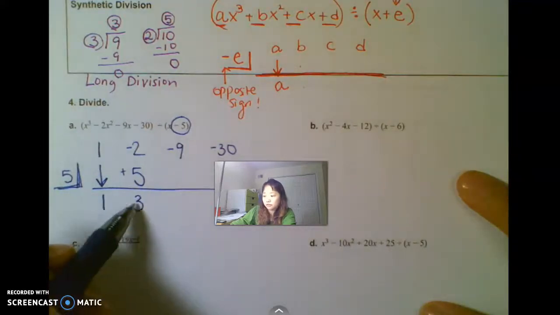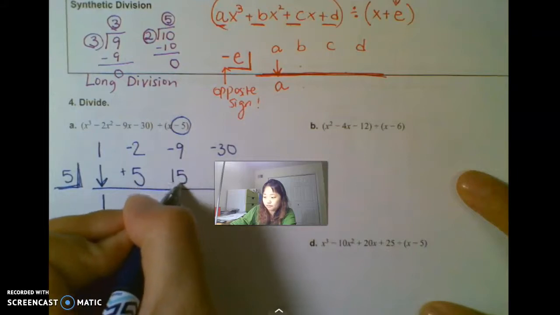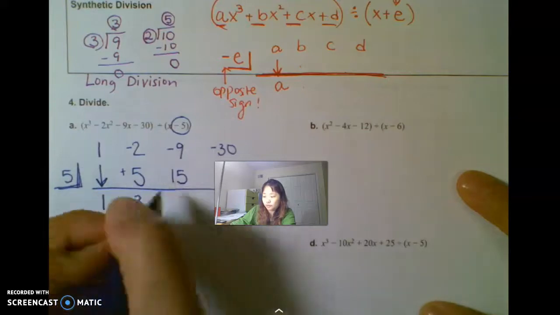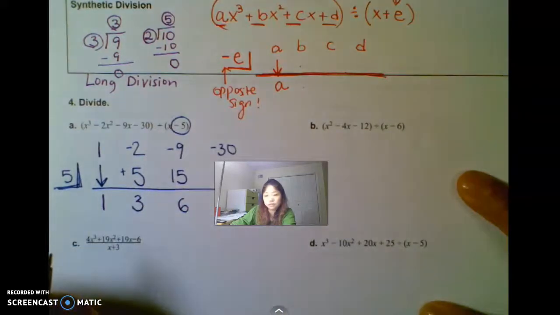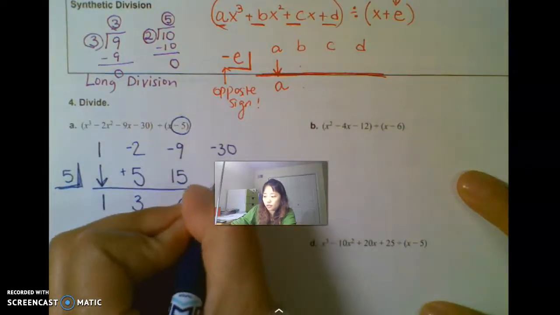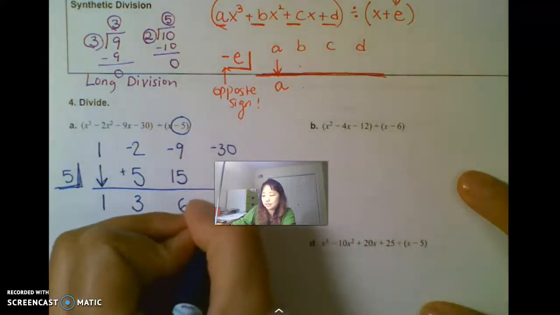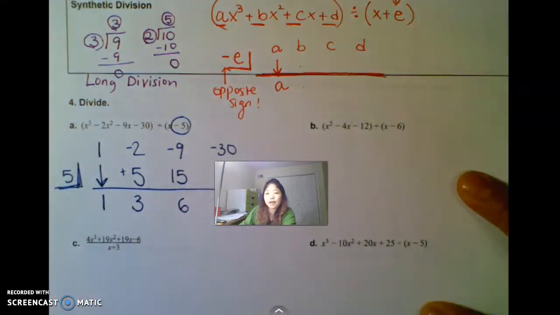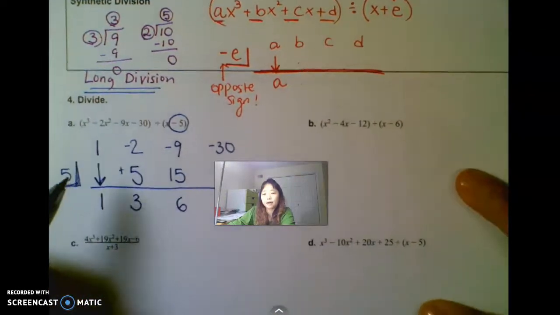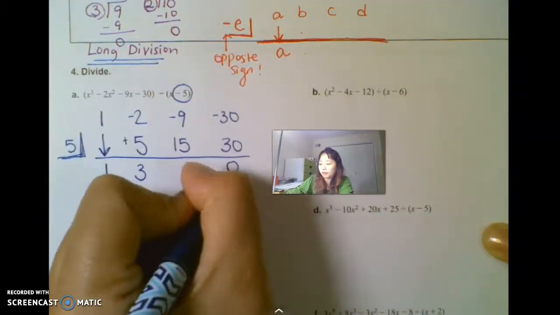Now, we do the same process. 3 times 5 is 15. When you add them together, you get 6. 5 times 6 is 30. You add them together, 0. And just like the long division process, when we divide polynomials, the last term is called the remainder.